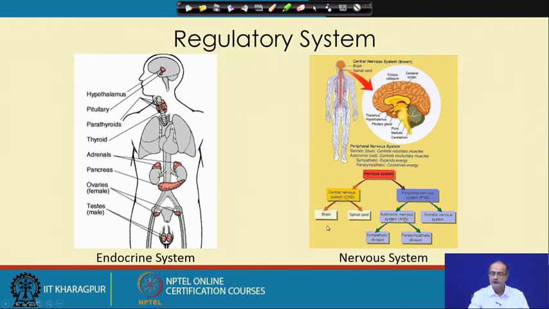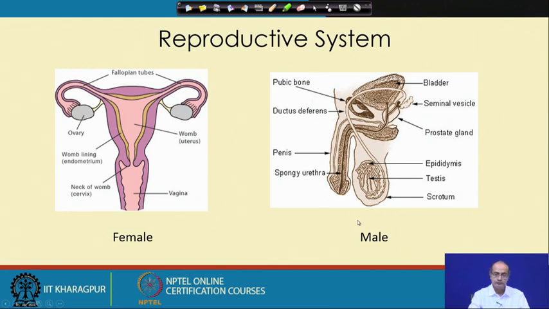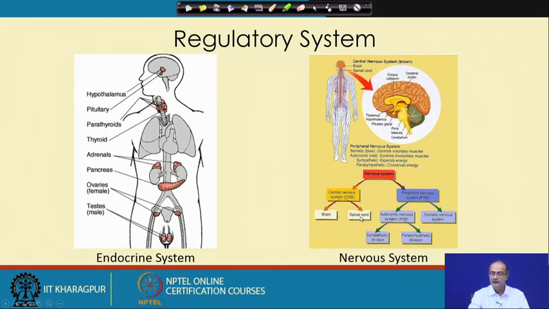The central nervous system consists of the brain and the spinal cord. This brain and spinal cord make a lot of decisions, and whatever effort we would like to make, for example, we take a decision to move our hand or leg or we want to speak, those commands come from there.